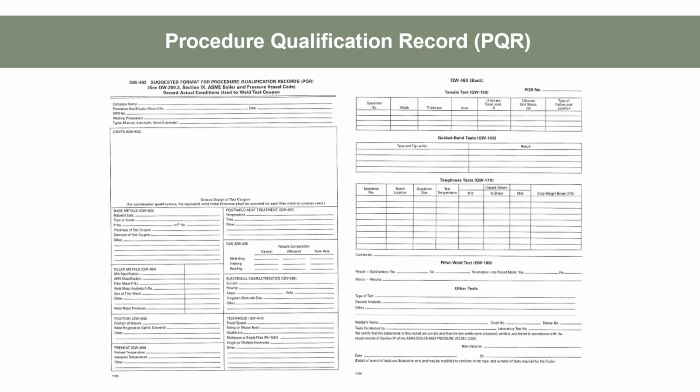You write down whatever you've got, whatever you recorded. Was it a single number? Was it a range? But we record all that information on the procedure qualification record. You can also put non-essential variables into this form if you would like, but it's not required. And once again, if you don't want to use this form, make up your own or get a different kind.